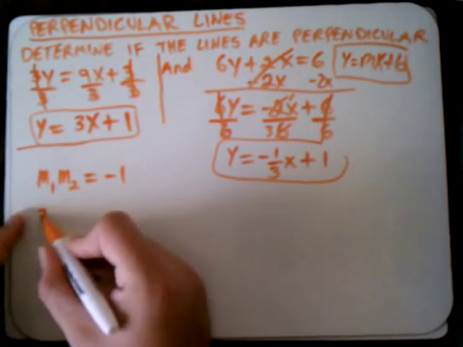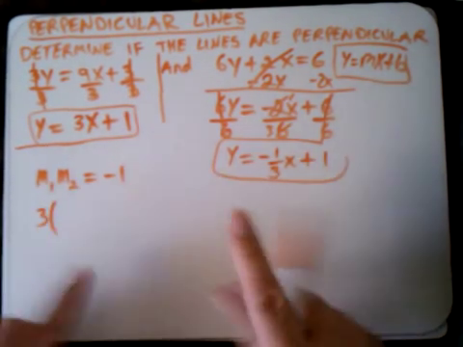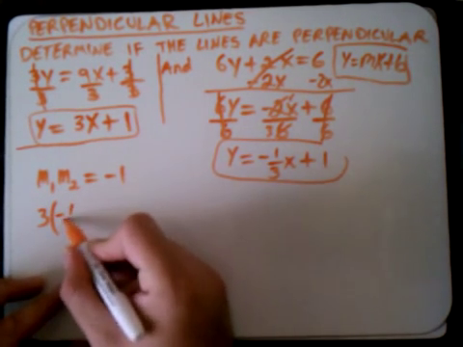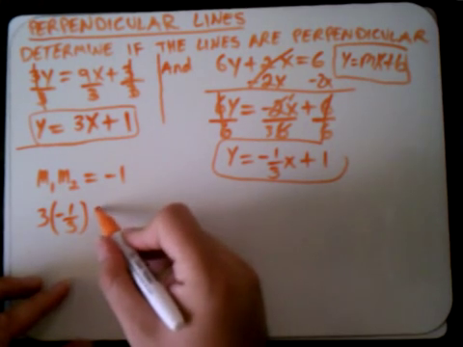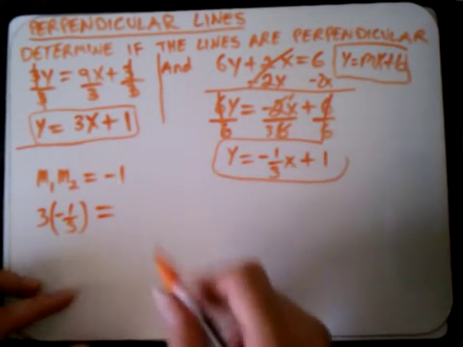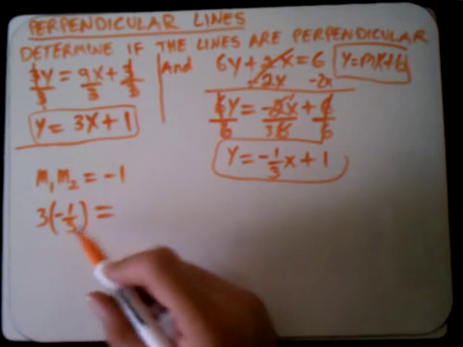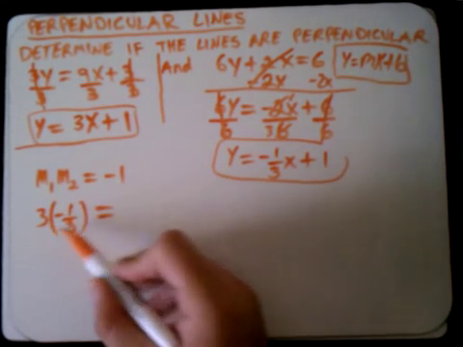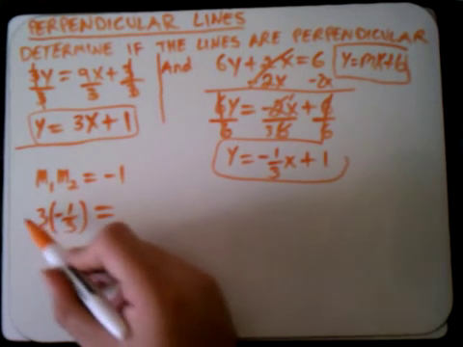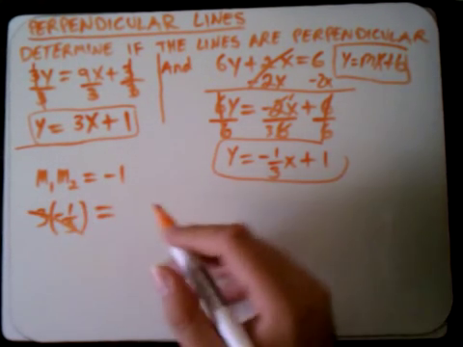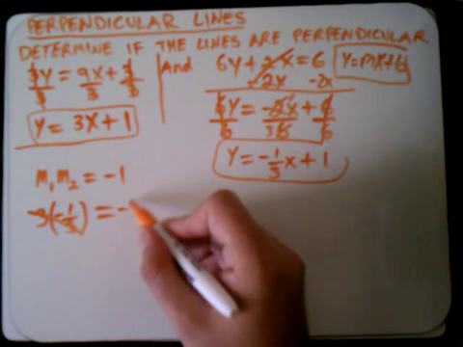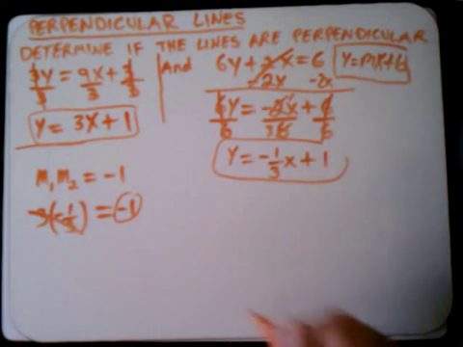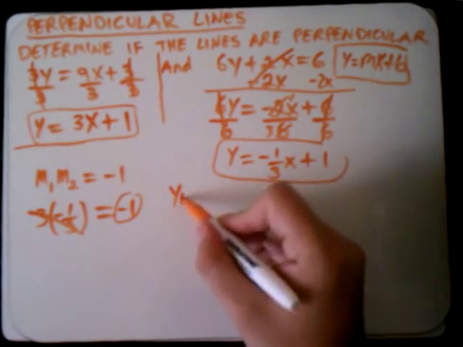So I'm going to say 3 times the slope of the second line, negative 1/3, has to equal negative 1. When you multiply 3 times negative 1/3, the top and the bottom are the same number, so they cancel out. So negative 1 equals negative 1.